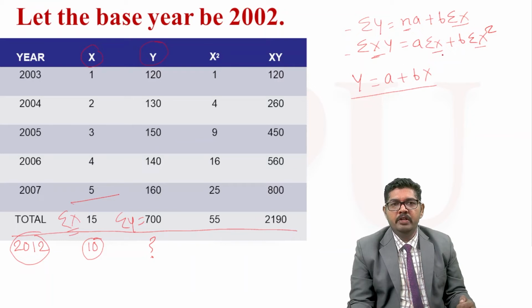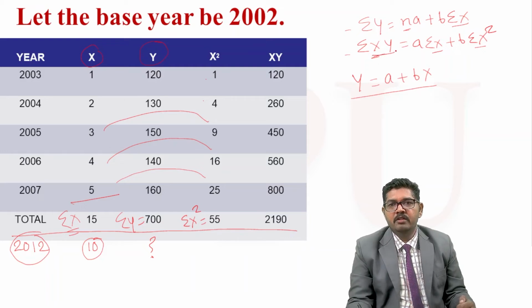According to our need we have formed this table. So we need summation of x square also. So here is x square: 1 square is 1, 2 square is 4, 3 square is 9, 4 square is 16, 5 square is 25. So 1 plus 4 plus 9 plus 16 plus 25 is equal to 55.